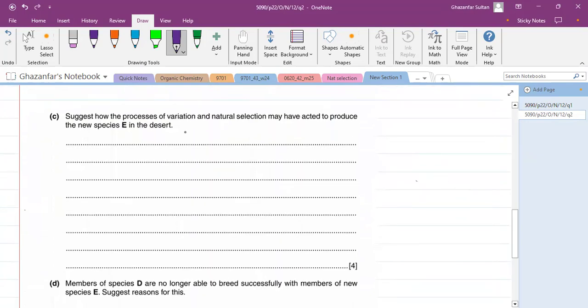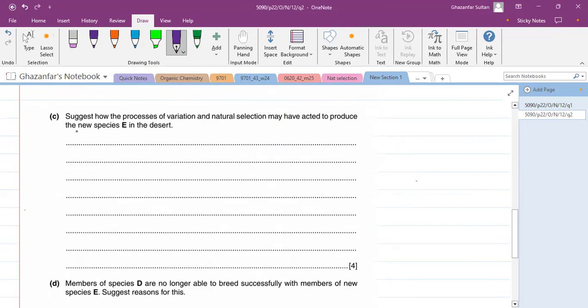Now, suggest how the process of variation and natural selection may have acted to produce the new species E. As I told you in the definition, the chances of interbreeding or mating with one another were not possible. So this is one of the reasons. It is of 4 points, so you have to cover 4 important points here.